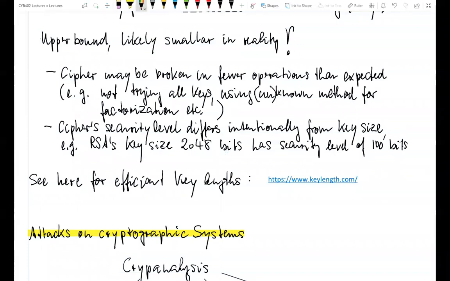So you have to distinguish between the security level, what it seems to be, versus the practical security level that we actually have because of certain attacks that eat away at the key length, okay? All right, so here's a link that would allow you to look up different key lengths for certain ciphers that are considered to be secure these days.